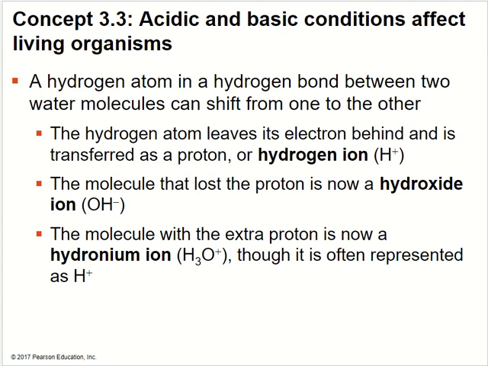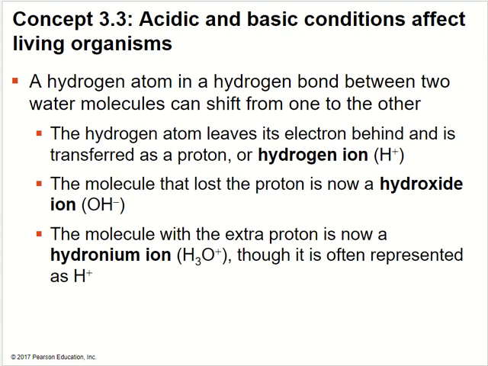Because a hydrogen atom usually is just a proton and electron together, the proton leaves and the electron stays. The hydrogen cation is H+. Now, as water loses a hydrogen proton, the remaining molecule is now a hydroxide anion, or OH-.